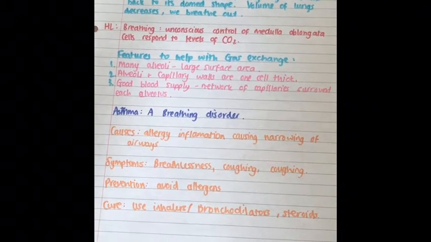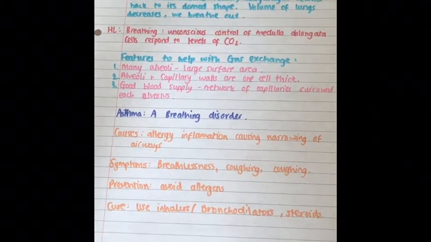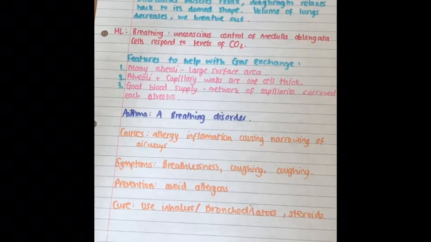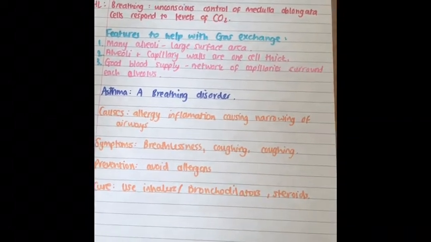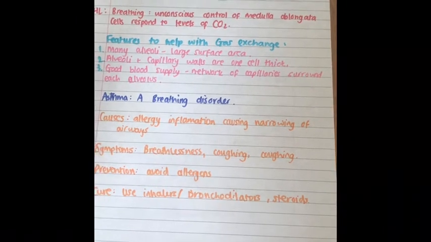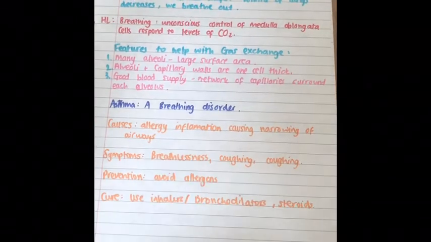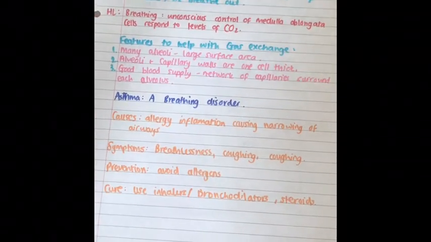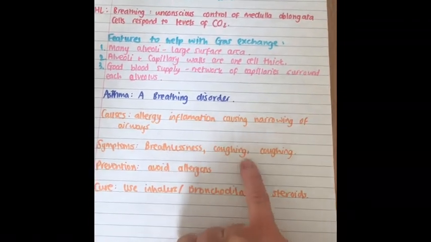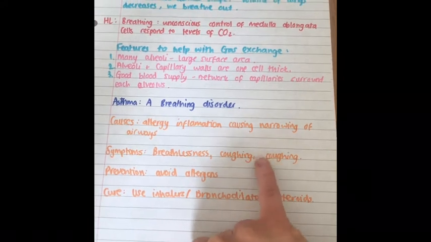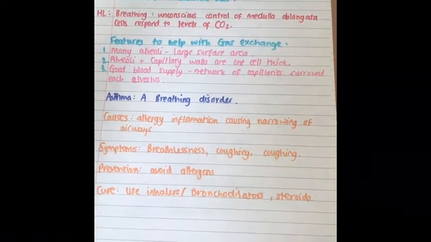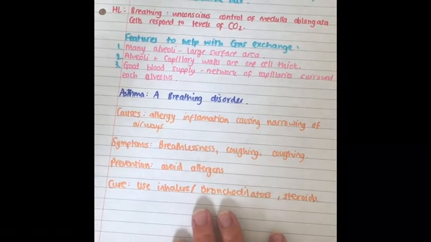There are allergens that cause this reaction in people's bodies that suffer from asthma. Some of the allergens could be pollen, dander, the hair of animals. Symptoms of asthma: breathlessness, coughing. I've written coughing twice because it's obviously very important. Wheezing, okay, and just a general shortness of breath.